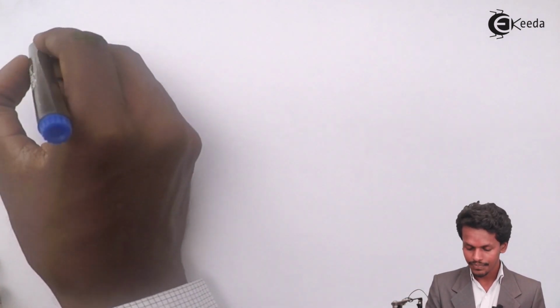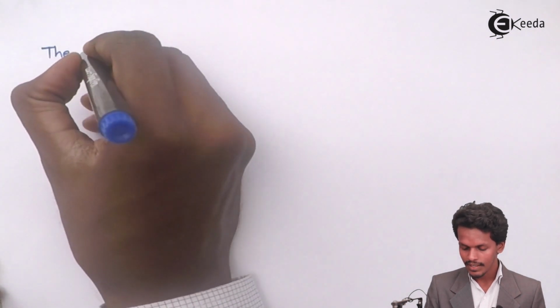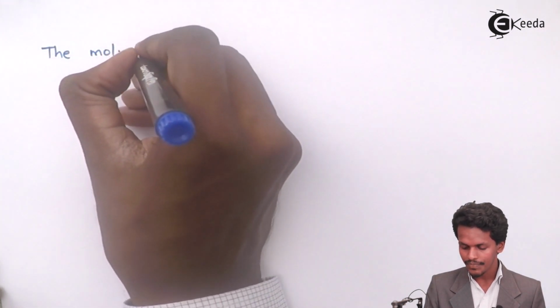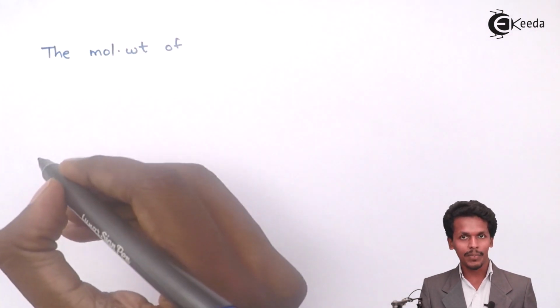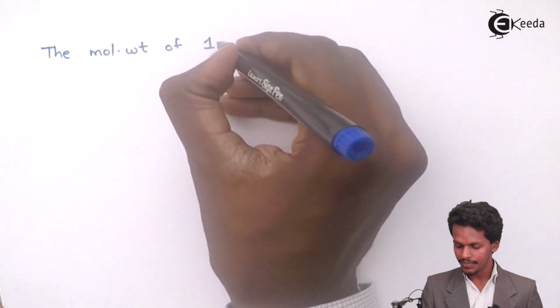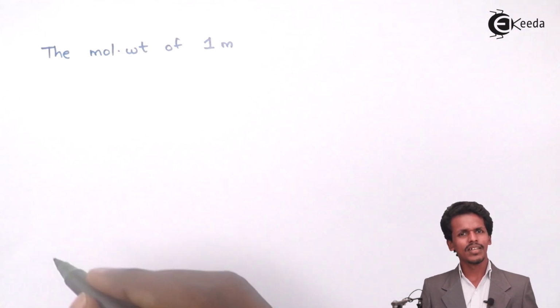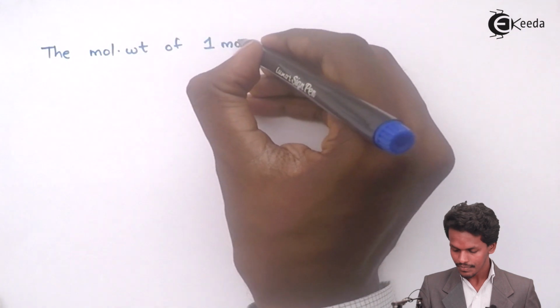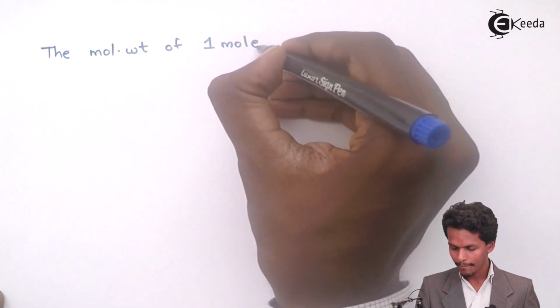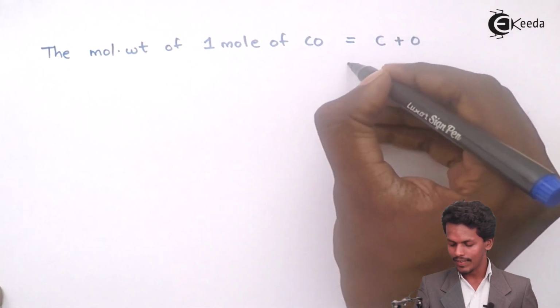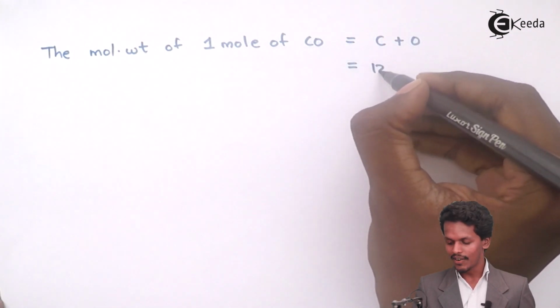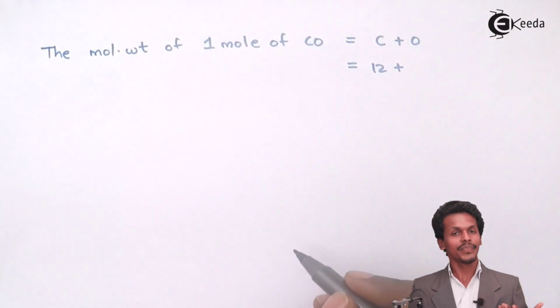So if we ask how much 1 mole of carbon monoxide weighs, the molecular mass of carbon monoxide we can calculate in a very easy way: for carbon it is 12 and for oxygen it is 16.